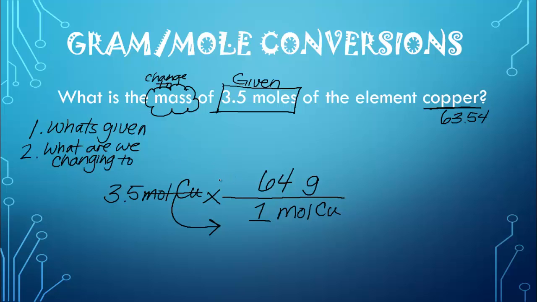So you multiply through on top, and you divide by anything on bottom. So this would be 3.5 times 64 divided by 1, and that equals 224. Remember, we canceled out moles, so we're left with grams of copper.